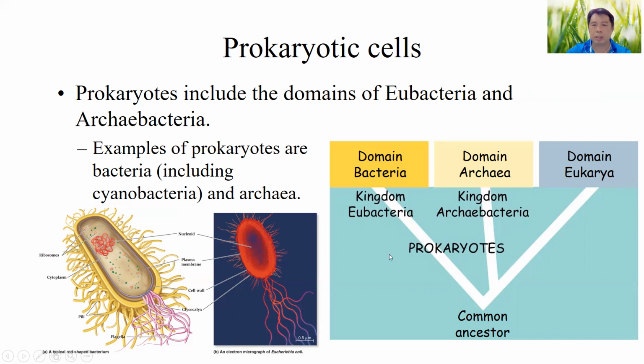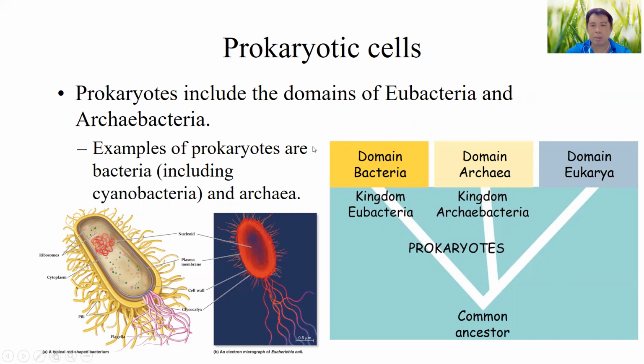From here we can see all the organisms share a common ancestor. Then these organisms can be divided into three main domains: the domain Bacteria, the domain Archaea, and the domain Eukarya.